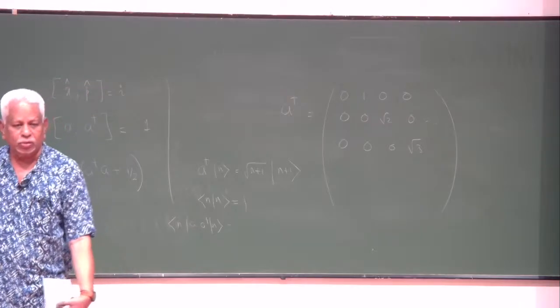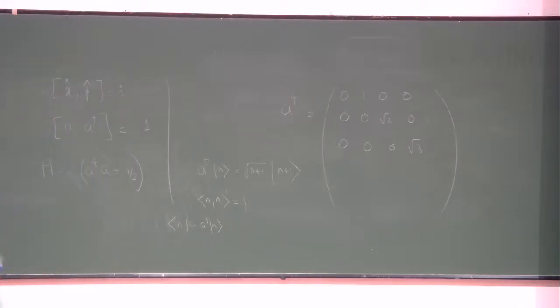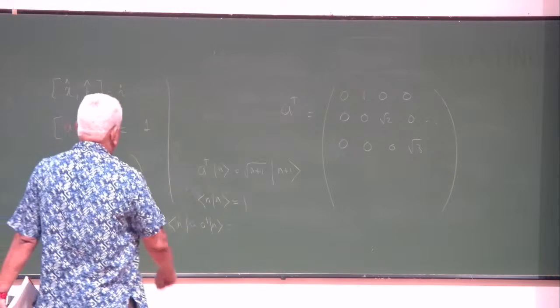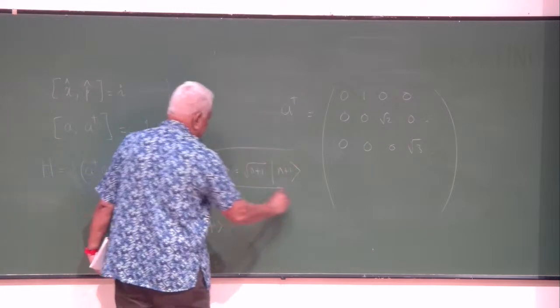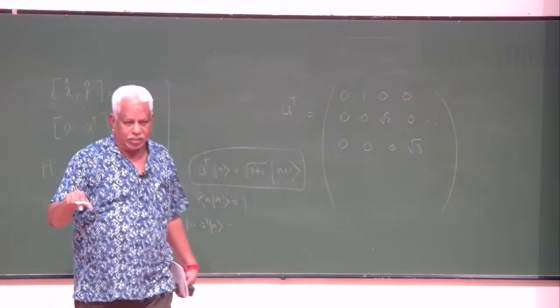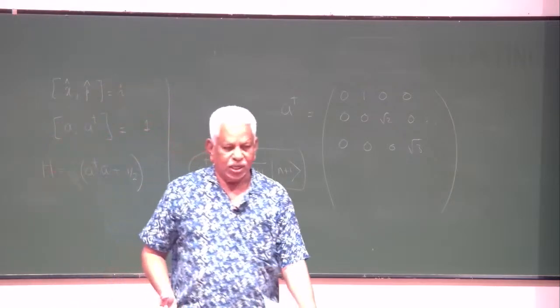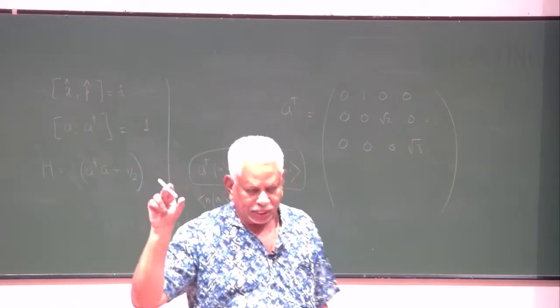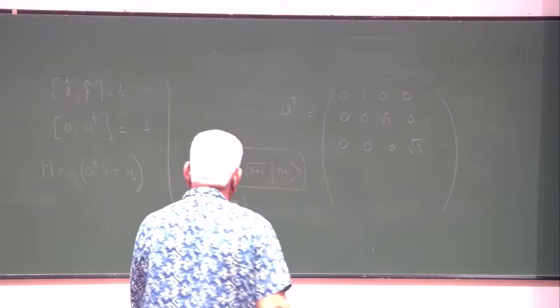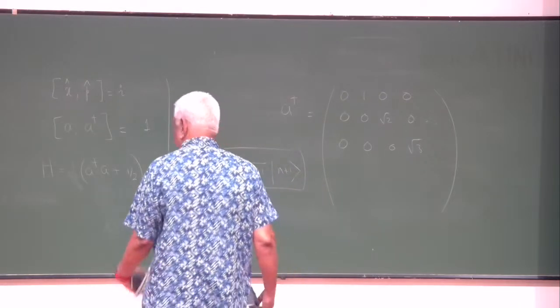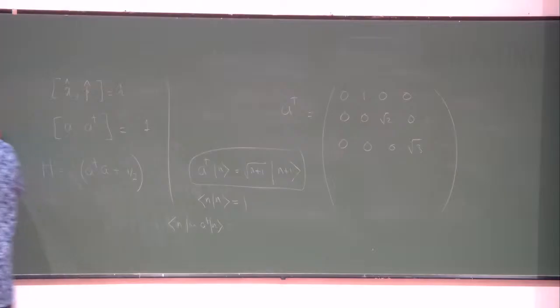You have to take the square root of that. So that is what will happen, and this is the result. Which means that the connection between the nth state and the n plus 1th state has a factor of root n plus 1. Similarly for the other operator, and here I will write, these are not real.